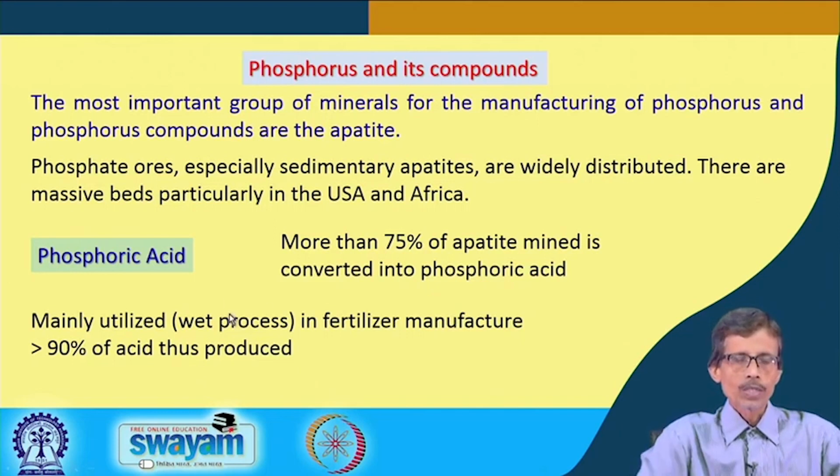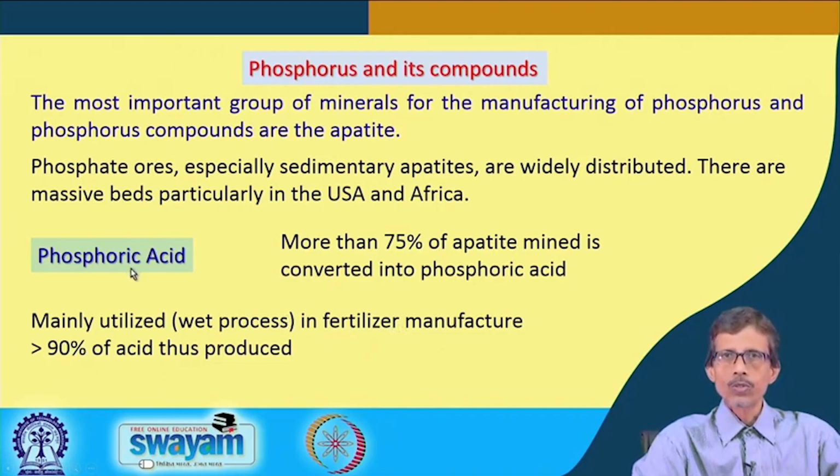So, for making this fertilizer by the wet process, how much phosphoric acid do we use? Industrially, throughout the world, the data is in our hand. The statistics tell us that we can consume up to 90% of the acid produced in industry for making fertilizers.